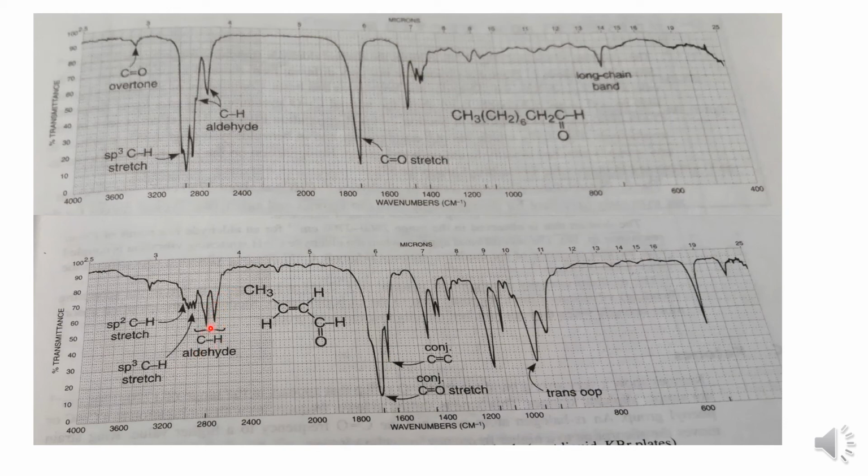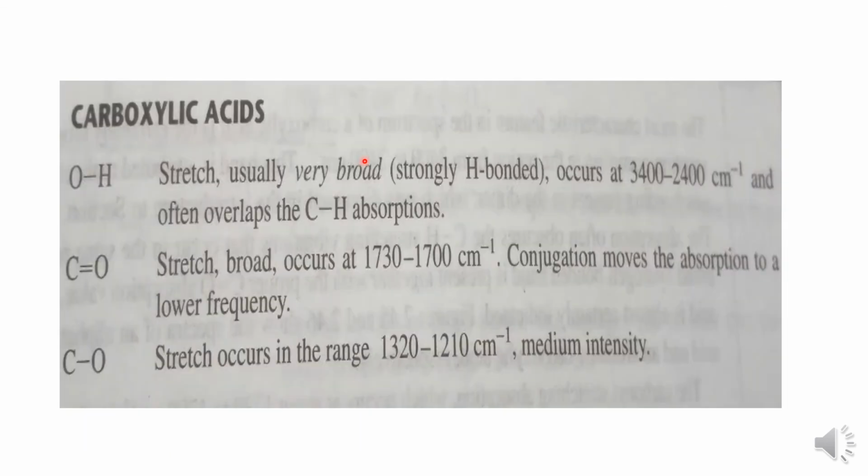This shows the CH stretching band of an aldehyde, the aldehydic CH stretch, in the region 2860 to 2800 per centimeter. These two, this carbonyl band and this band, are important for an aldehyde.